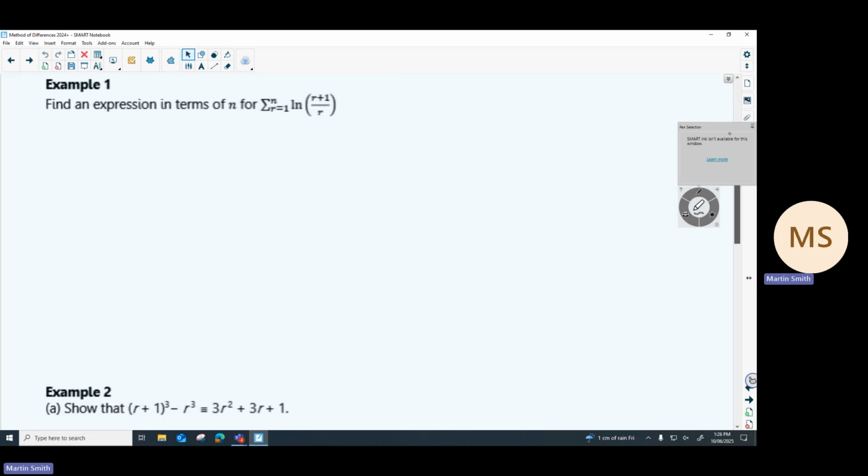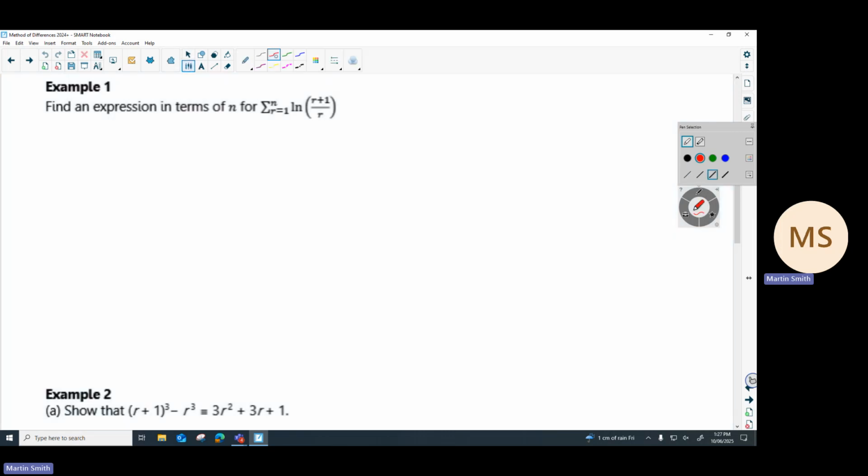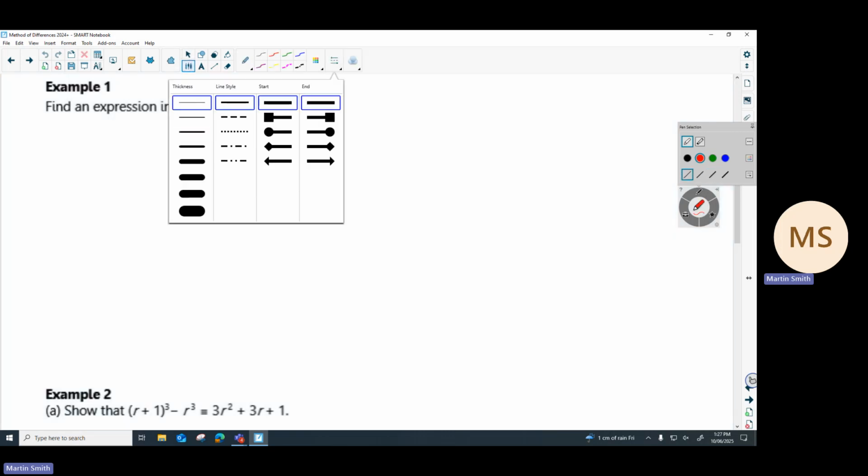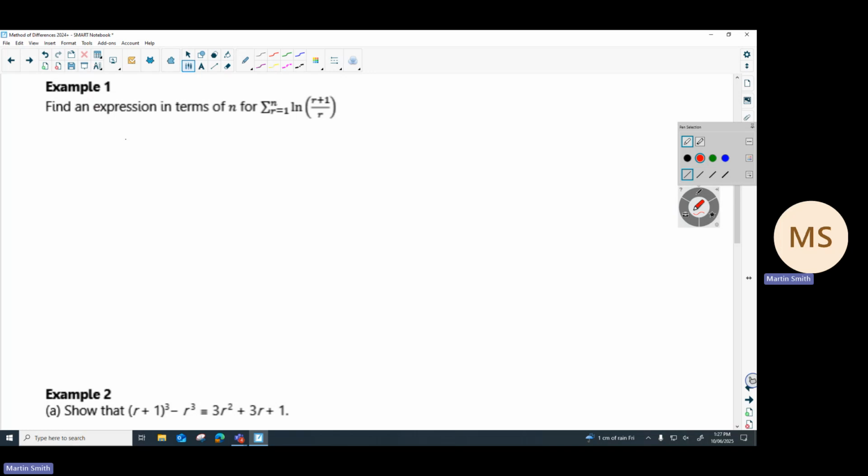So here's example 1. I want to find an expression in terms of n for sigma r is 1 to n of ln of (r plus 1) over r. Now, guys, when you are doing the method of differences, it is always going to be useful to have the series we are trying to find the sum of expressed in sigma notation, and if necessary, expressed as a difference of two terms.